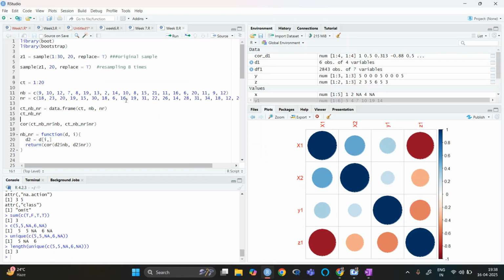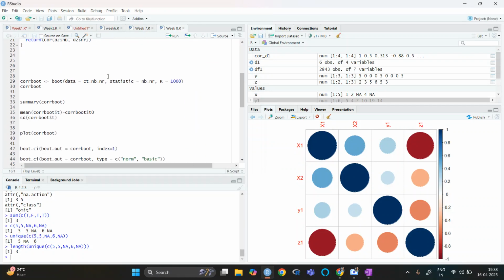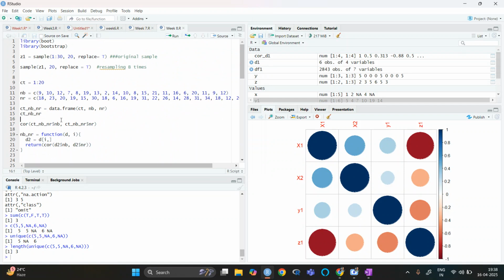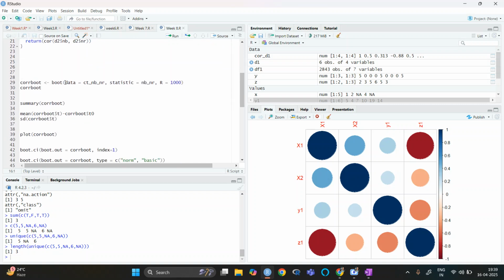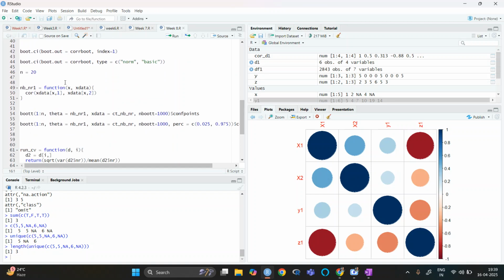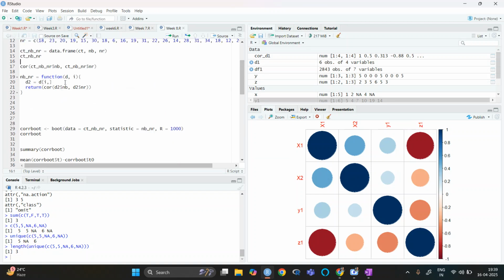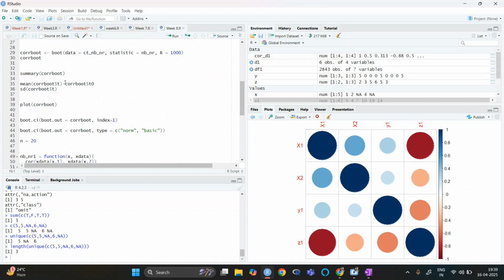Let me see. I don't remember this. For taking the bootstrap samples, we do it like this. I don't think we have used this package.